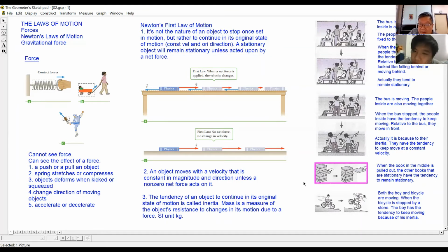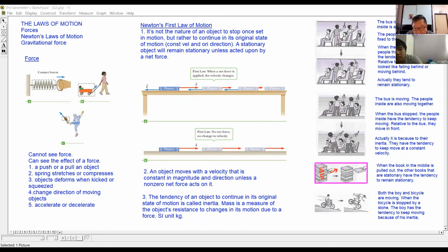So how to explain it? Let me explain. At first, the book at the top here is stationary, and the book in the middle is also stationary. Both of them are stationary. So when you pull out the book at the center, you are pulling the book in the middle. You are not pulling the book at the top.